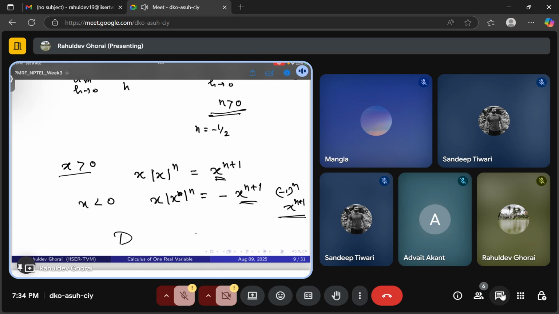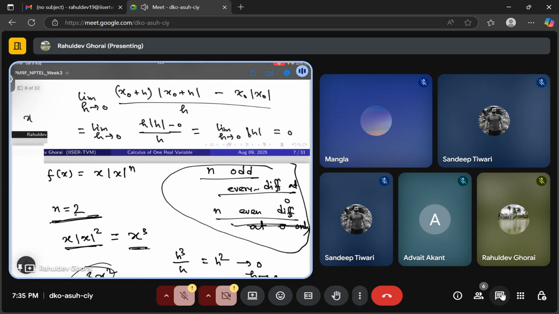So the function is differentiable everywhere for n greater than 0, or n a natural number. When n is less than 0, that will have a problem. Okay. Yes, sir. I hope it is clear.